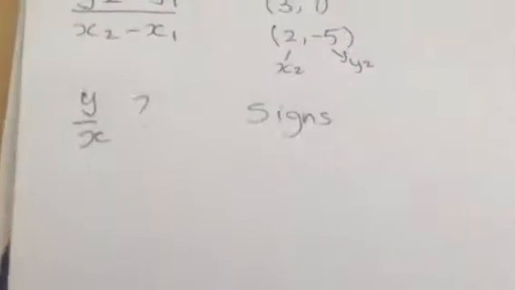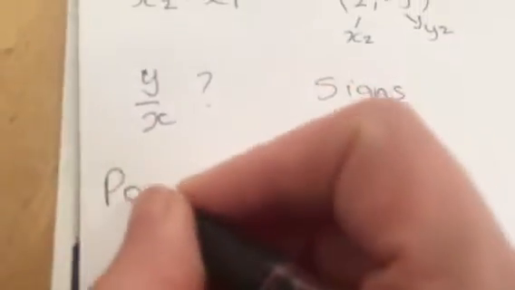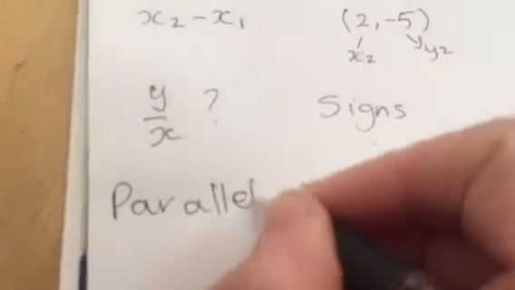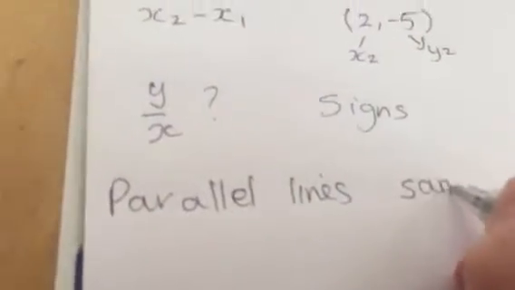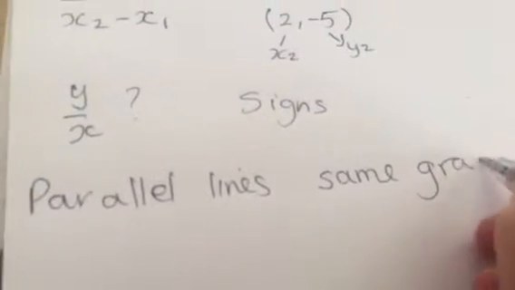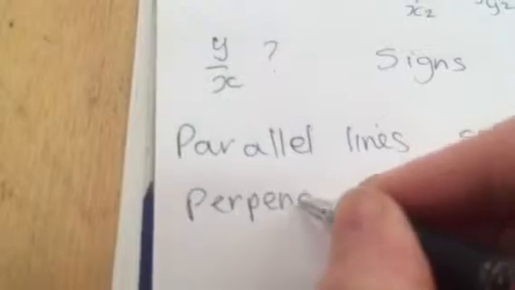So also on gradients you need to know about parallel and perpendicular. So parallel lines have the same gradient. Perpendicular lines, so lines that are at right angles.